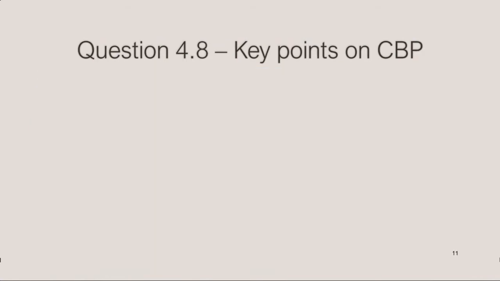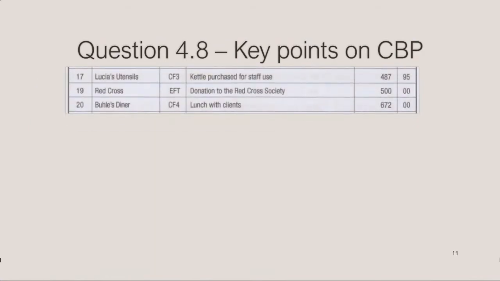Now, if we look at the cash book payments, on the other hand, that's now where we physically made payments. The first one was on the 17th, which was we purchased the kettle for staff use. Now, I said when we buy something for staff use, it is seen as entertainment, and that is non-allowable for VAT deduction.